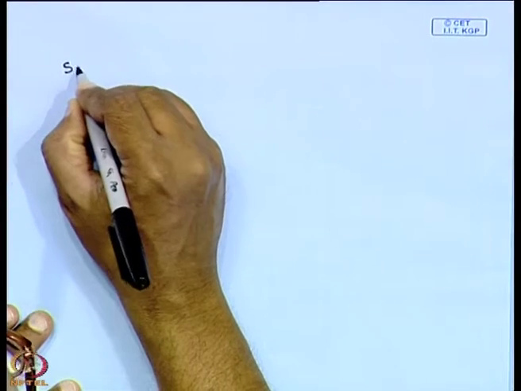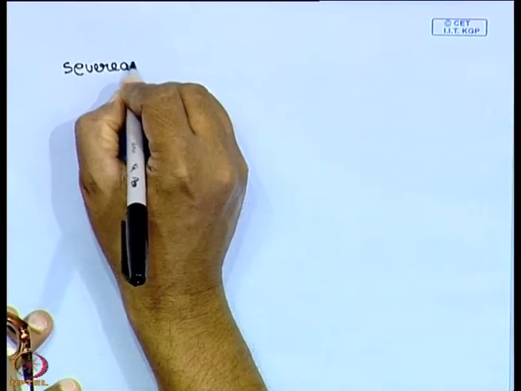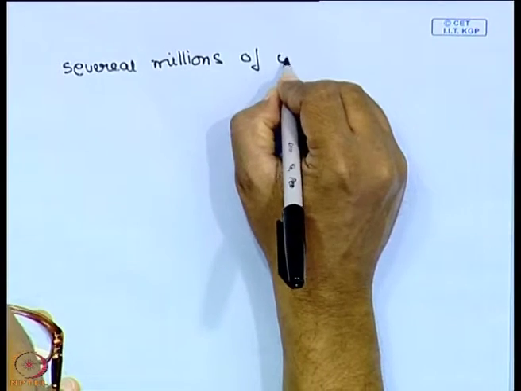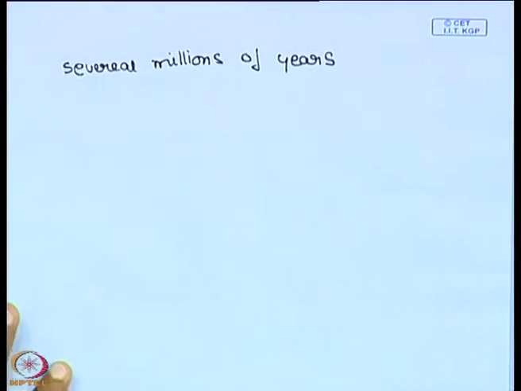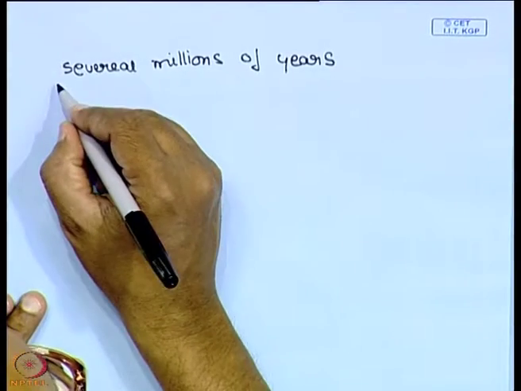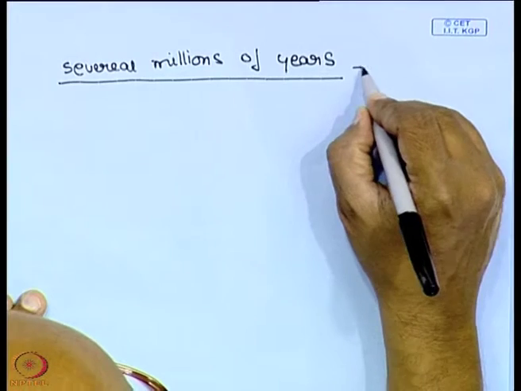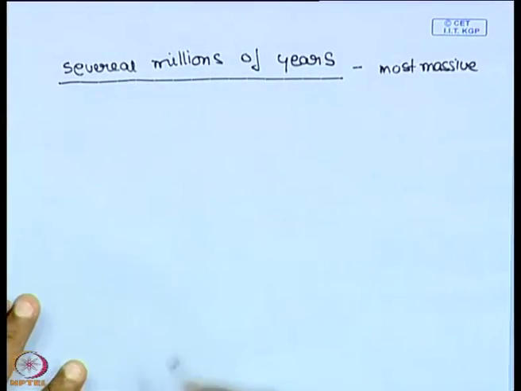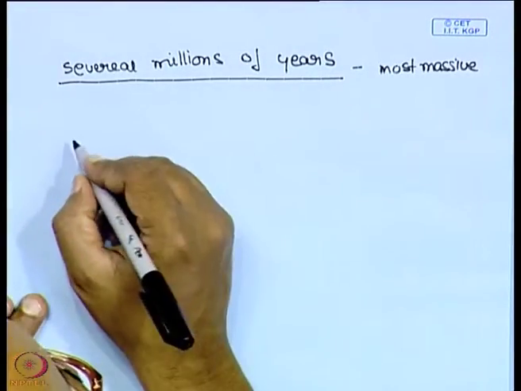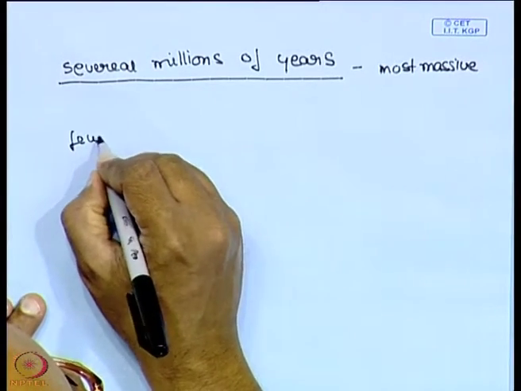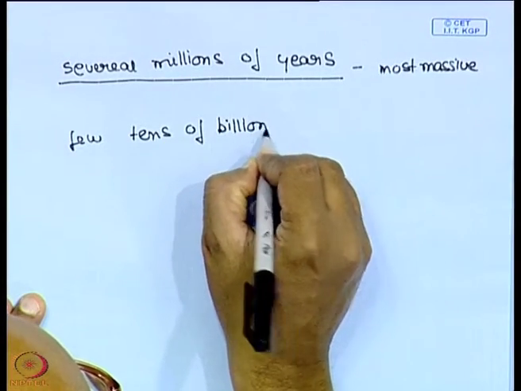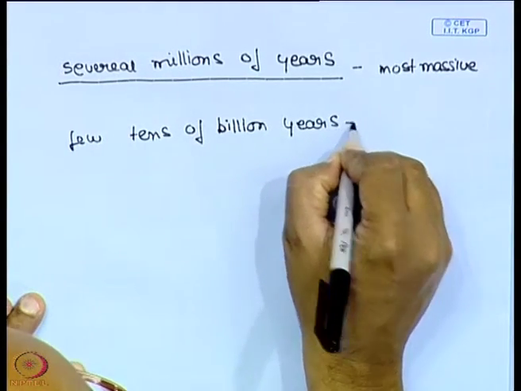The most massive stars could spend several million years there, in that stable configuration, burning hydrogen. Whereas, the low mass stars could spend a few tens of billions of years.